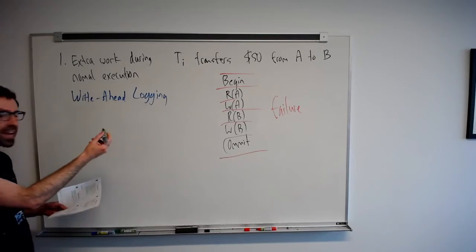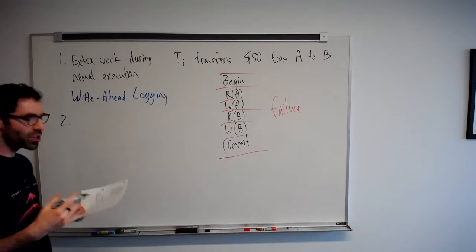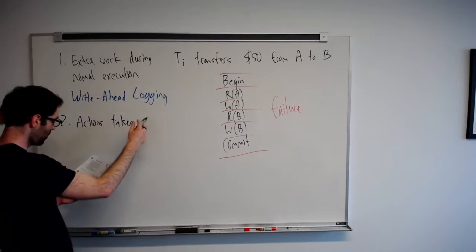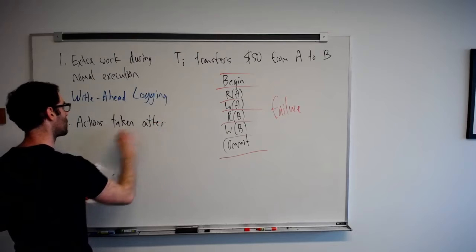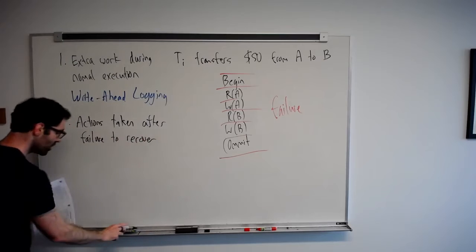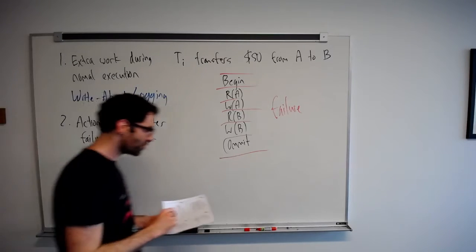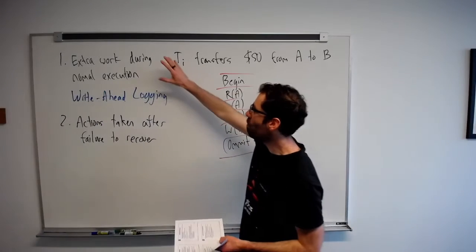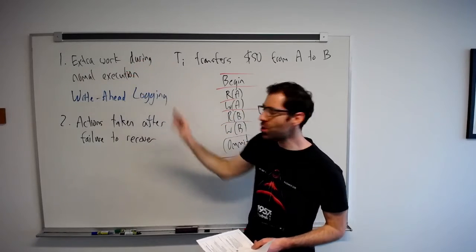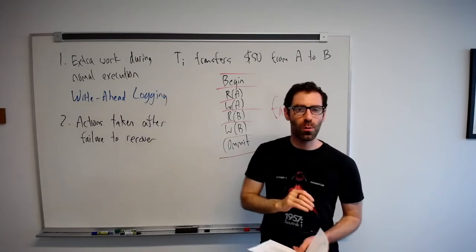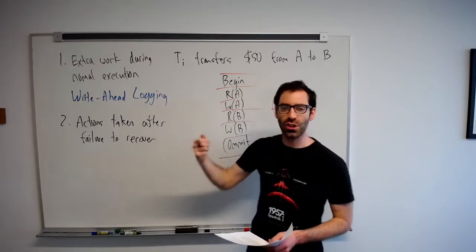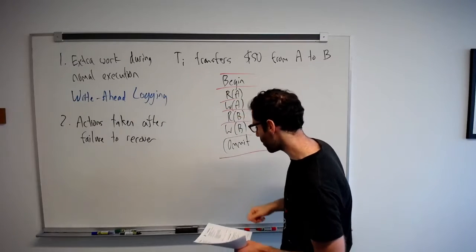And then the focus for today is going to be part two of this, which is actions taken after failure to recover. There will be a few parts of this extra work during normal execution which I'll need to get into to complete the picture of what we're going to have in our log and on disk in order to ensure that our actions taken after the failure can actually get us to recovery.